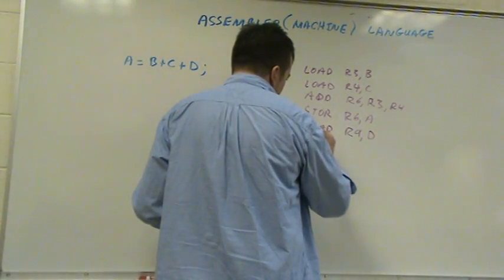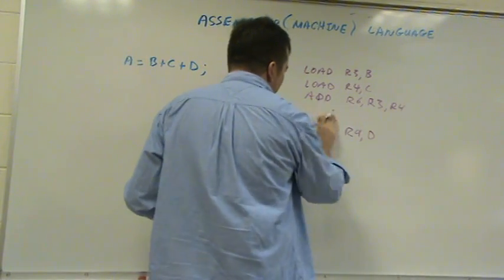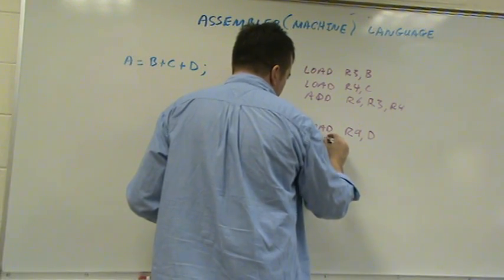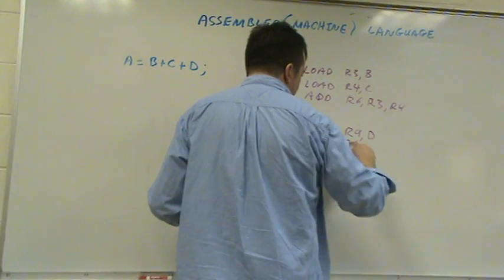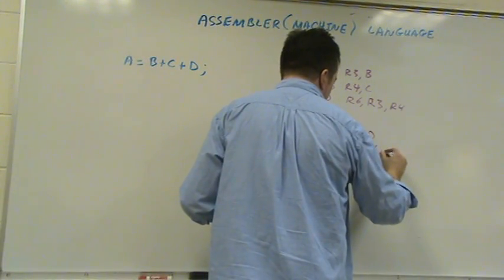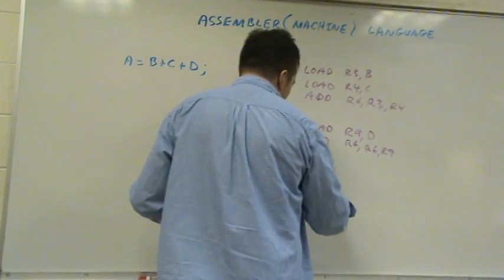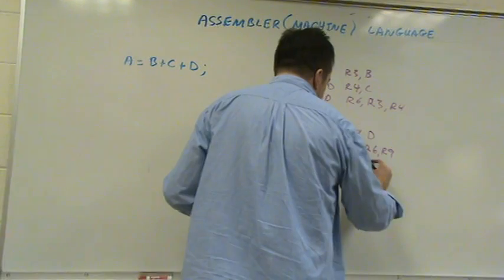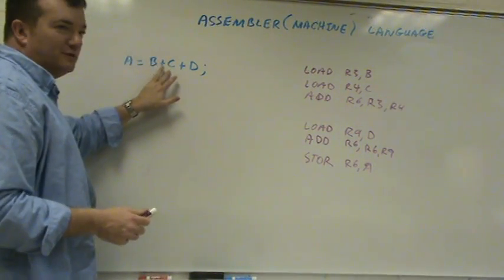Add R6 and R9, put the result in R6, and then store R6 to A. Okay, so that's because our architecture only allows 2 at a time.